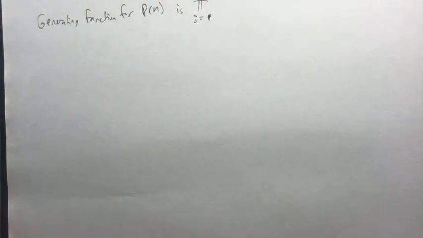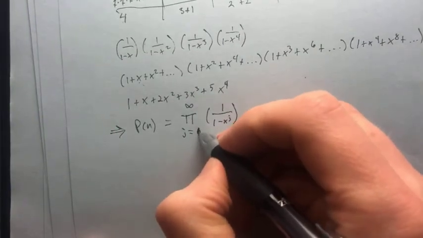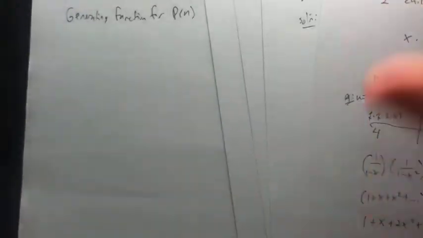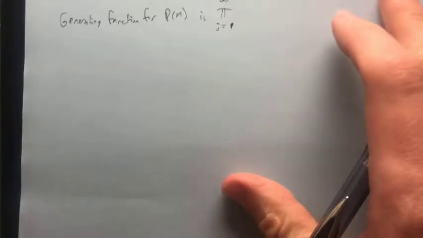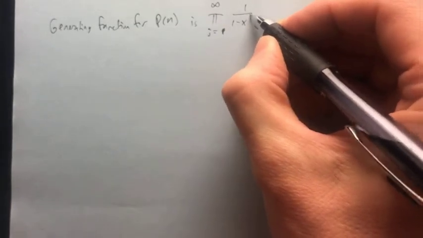Multiplying by a factor of 1 over 1 minus 1 is not a good idea. That's dividing by 0. So I should have had an infinite product as j goes from 1 to infinity of 1 over 1 minus x to the j.